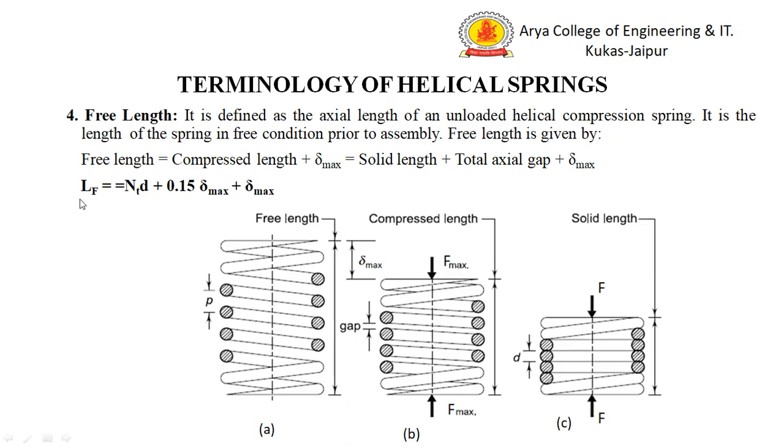So the free length Lf is equal to Nt d, that is solid length, plus 0.15 of delta max, that is total axial gap, plus delta max.